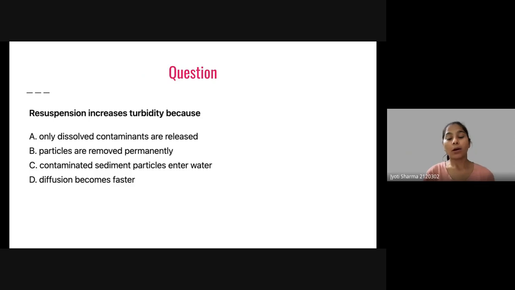Okay, now coming to the different term, and that term is resuspension. This resuspension increases turbidity because I have four options here. Only dissolved contaminants are released, particles are removed permanently, contaminated sediment particles enter water, diffusion becomes faster.